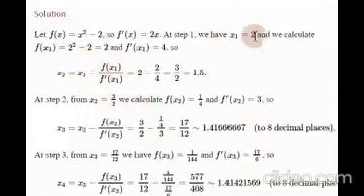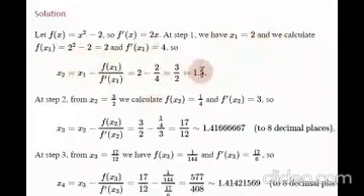Now we use this equation to find the next iterative. What is our initial guess? We initially guess this one. We start with this point here, then we can compute the first iterative.